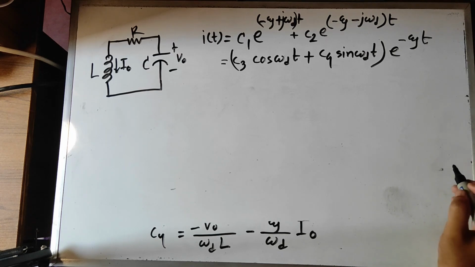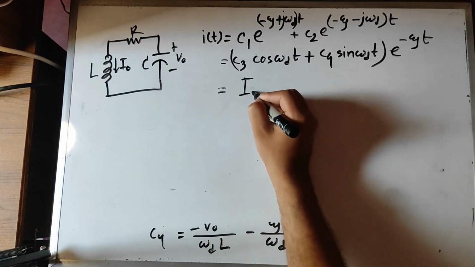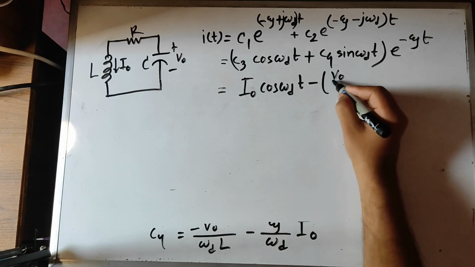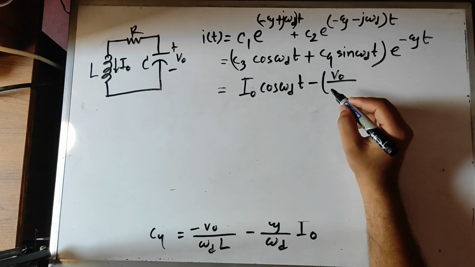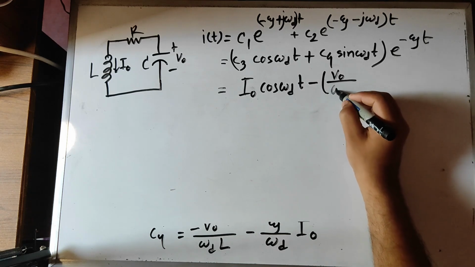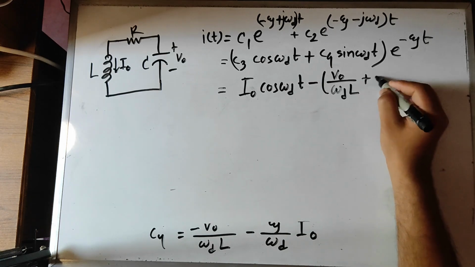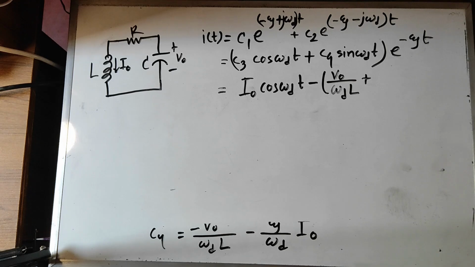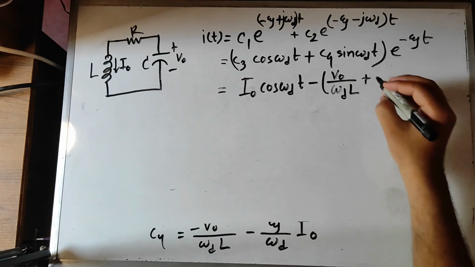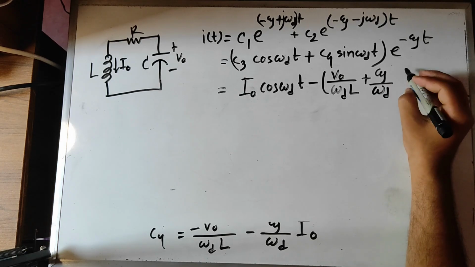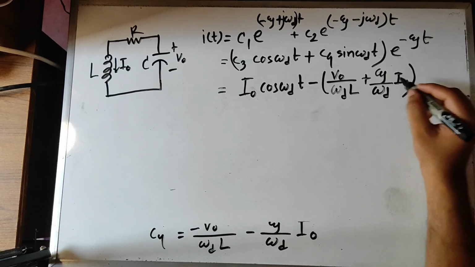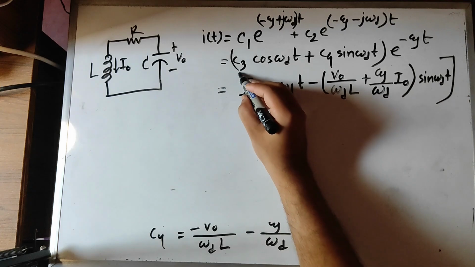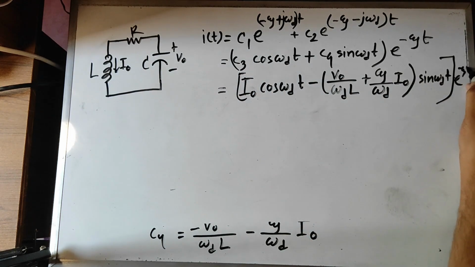If we just replace those, C3 is the initial current, so cos omega_d t minus V0 over omega_d L plus zeta by omega_d I0, sin omega_d t, times exponential minus zeta t.